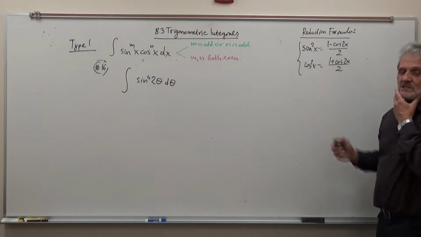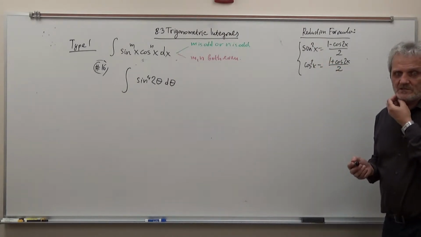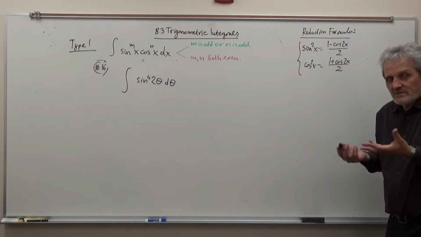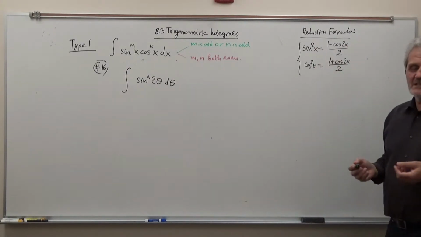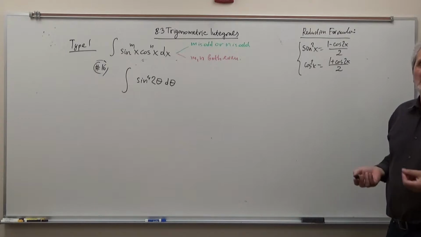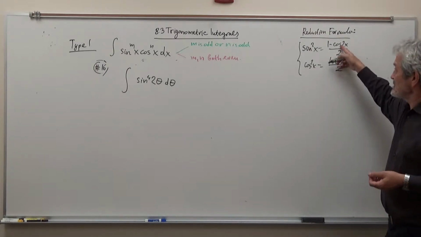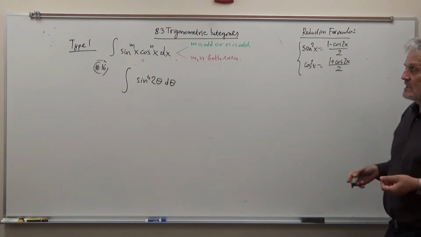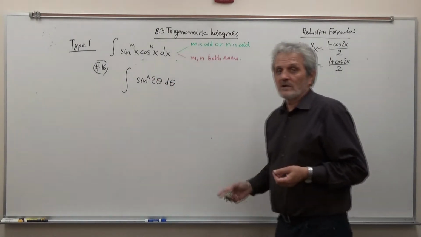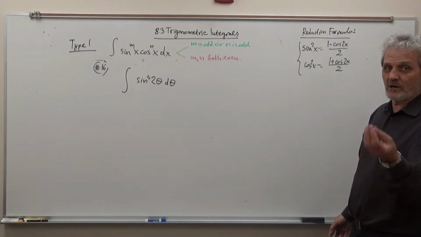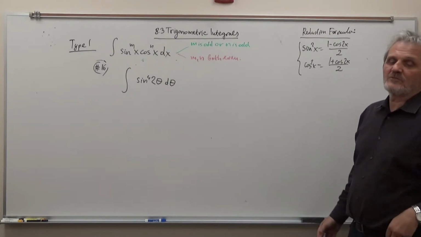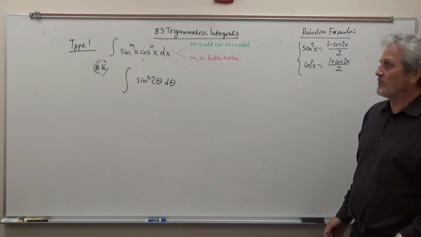Why is this such a great thing? Because square is not a good operation for integrals. Integrals don't like squares because they don't know what to do with them. We traded square for doubling the angle, and that's just a linear correction. So this is much easier to integrate than this. Unfortunately, we have fourth power, so we will need to apply this twice. Once to get rid of fourth power to get square, and next time from square completely to get rid of powers.